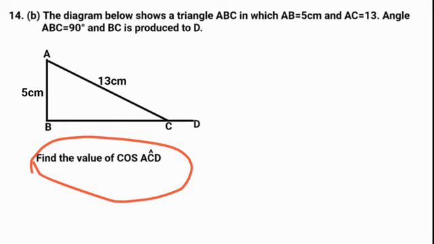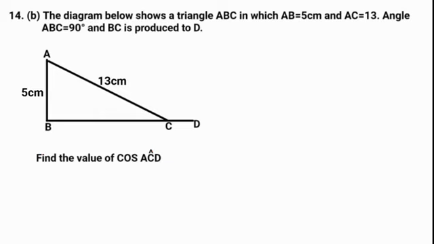So we are asked to find the cosine of angle ACD. Before we go ahead to find the cosine, first let's talk about the formula that we can use. We're going to say cosine of angle ACD is equal to... For you to come up with the correct ratio, first you need to consider SOHCAHTOA. So you need to consider SOHCAHTOA.